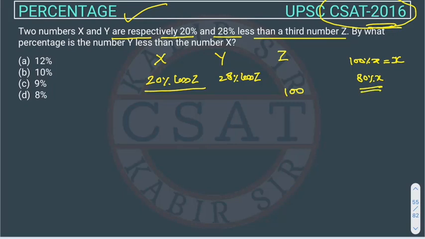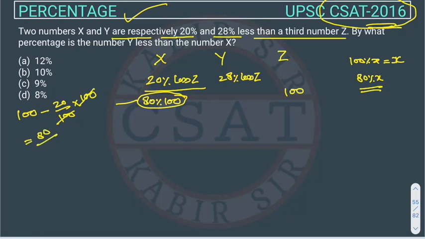So for 20% less of Z, either you can take directly 80% of 100, okay, or you can calculate it like this. Z is 100 and X is how much? 20% less, so it will be 20% less of 100. So 100 minus 20 is equal to 80, right? So this will come out 80.